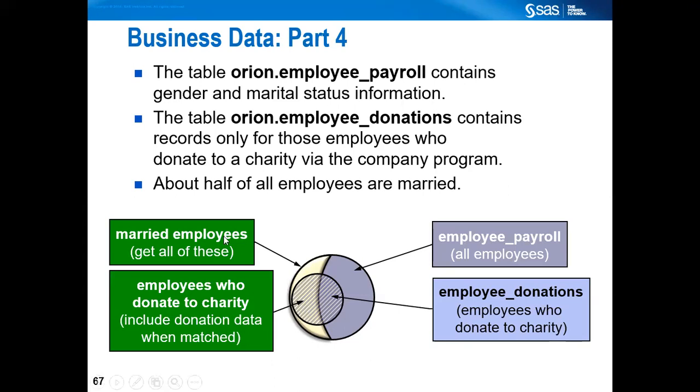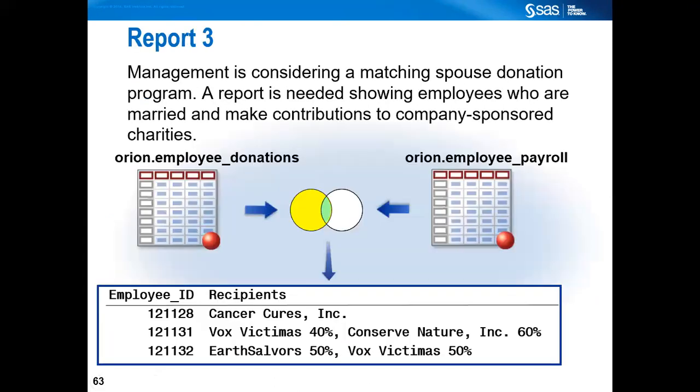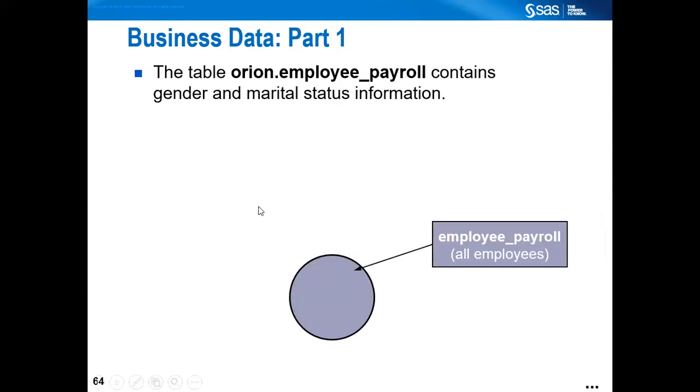Look at the diagram carefully. It's very simple. I'll show the sequence again. First part is you have a whole employee data, including their salary information, gender information, marital status information. You have a second table, which is a subset of employee data, which is donating.